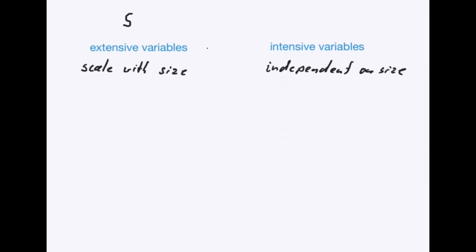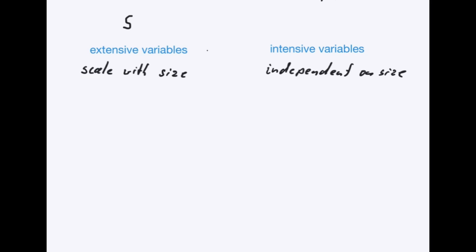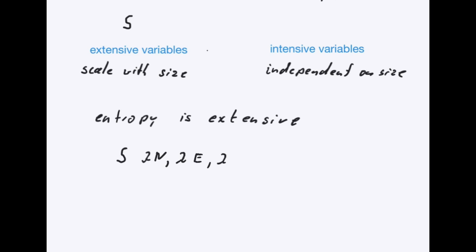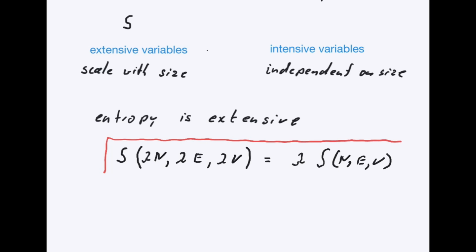What extensive means, we can work out a little bit more formally in terms of the entropy. Extensive in terms of entropy means that if I have the entropy of a system with lambda times N particles, lambda times E energy, and lambda times V volume, this entropy is equal to lambda times the entropy of N, E, and V.